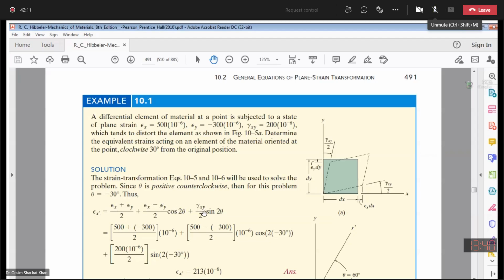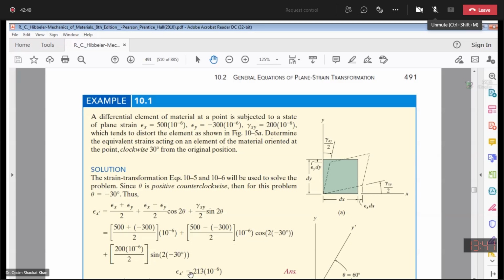So your normal strain value is 213. If you want to have the answer to one decimal place in case of the strains, that is sufficient. And if you don't want to have any decimal place, that is still sufficient because the answer is in microstrains.